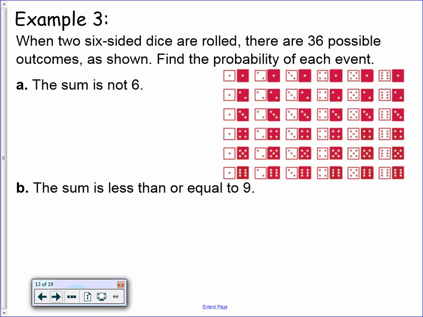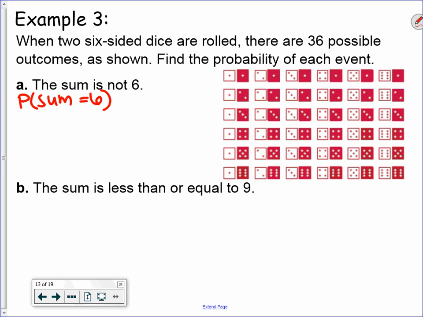So for instance here, they give us all of the possible outcomes for rolling dice. So it says when 2 6-sided dice are rolled, there are 36 possible outcomes as shown. Find the probability of each event. So for part A, the sum is not 6. So for instance, let's find the probability that the sum is 6.